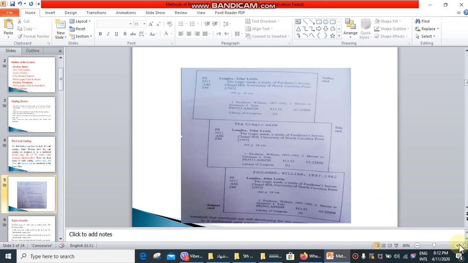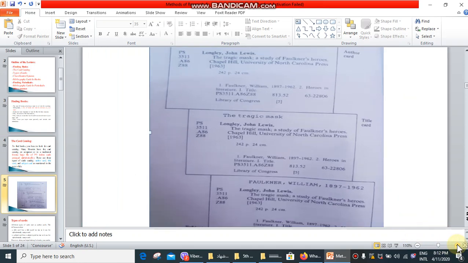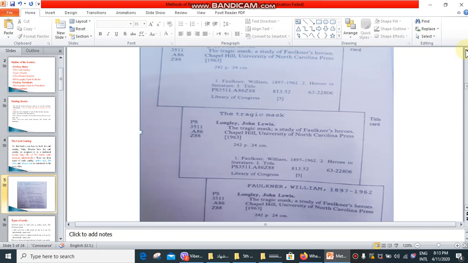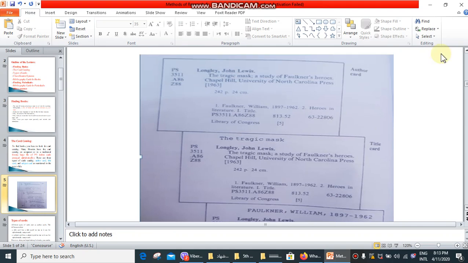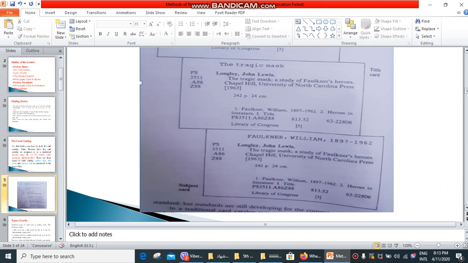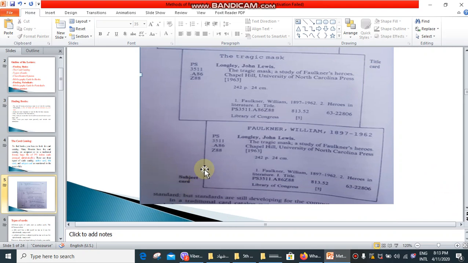Here we have an example concerning the three types of card catalogs. As it is mentioned here, this is the author card, the second is the title card, and the third one is the subject card.